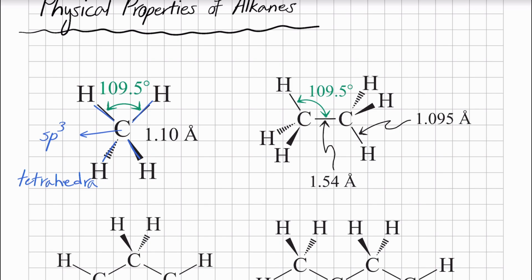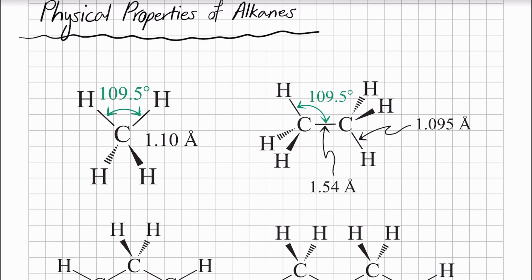Okay, let's continue. So now that we know that the angle is 109.5 degrees, let's move to a new alkane, which is depicted here. In this one, we have 2 carbons, but still the angle is the same. It didn't change.